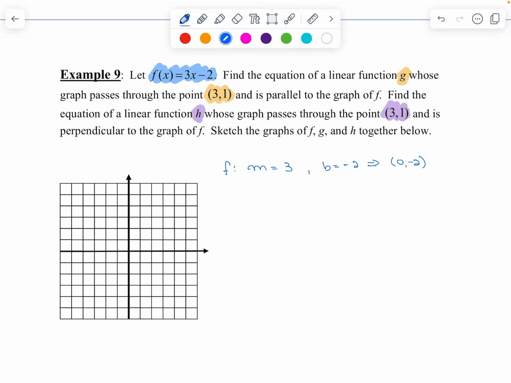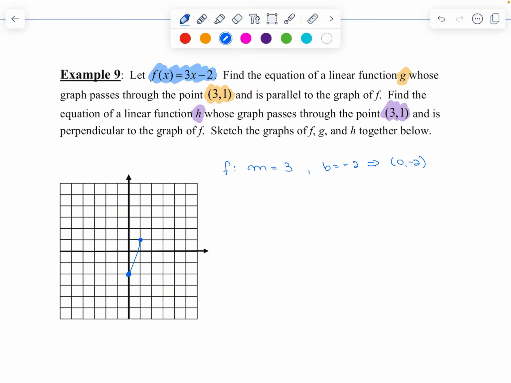So (0, -2) right there. And my slope is 3, which means it's 3 over 1. So that means I go up 3 units and over by 1. So I land there.